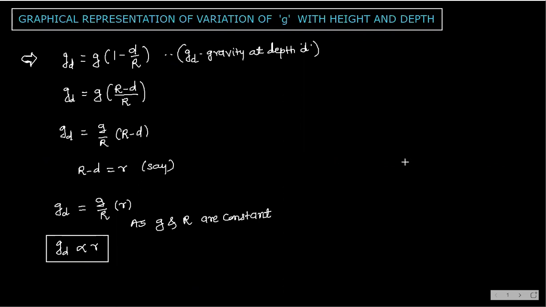Small r is R minus d. What we have assumed here, you see, R minus d is equal to small r. Now, if I am taking distance from the center of the earth on the x-axis, what have I taken? Distance from the center of the earth.